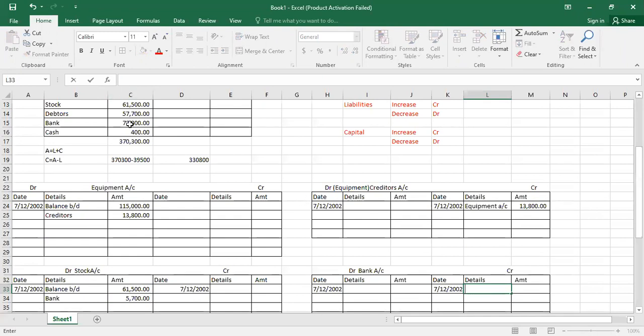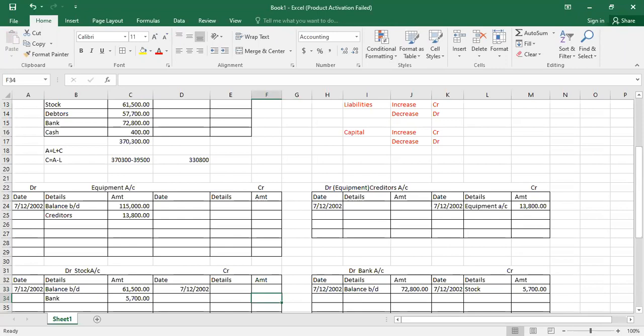Bank has also a balance. We can put it here. Balance brought downward of, remember the opening balance. So our opening balance is 72,800. So for this particular entry, we had stock worth 5,700 being bought. So the book that is being affected here is stock account. It is 57.